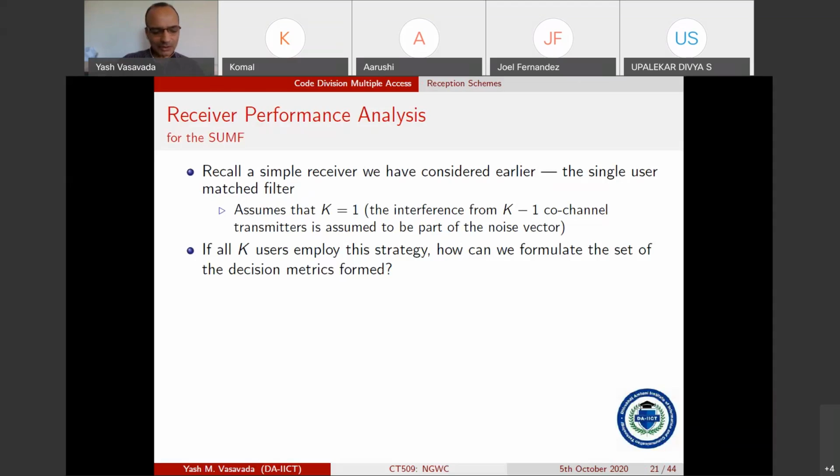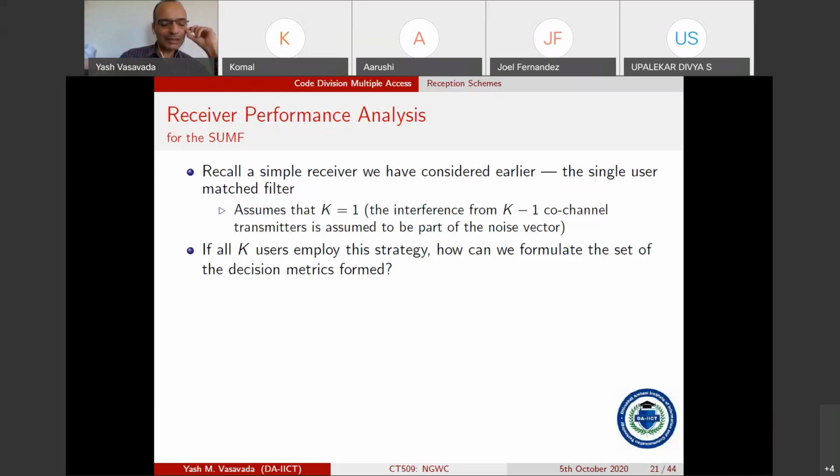In our CDMA context, R will be, for each user, if each user thinks that that user is the only user present, the correlation coefficient.